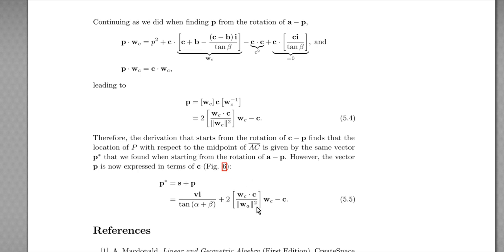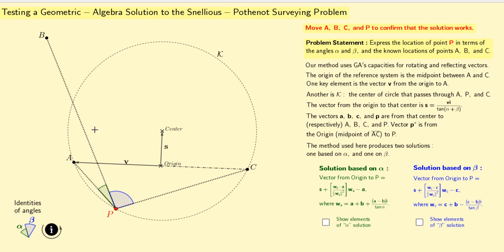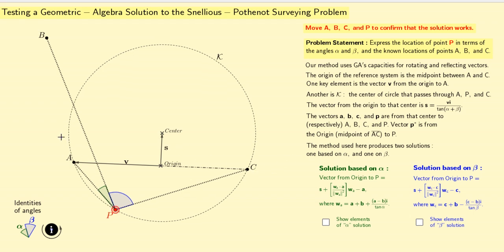And of course, we want to test out that solution. So there's available a GeoGebra construction, which is also linked in the video description. There's a description here of the solution itself and the notation. And here we have the known points A, B, and C, the unknown P, and the solution that's based upon the angle between AP and BP.